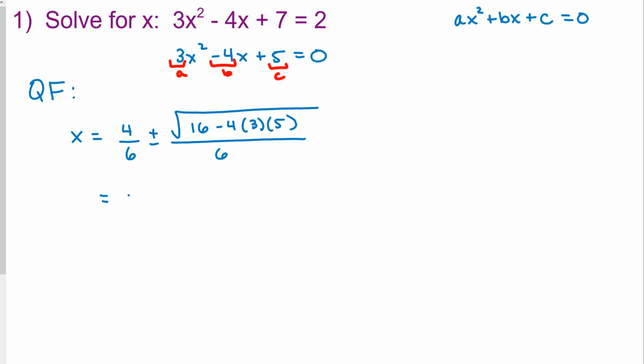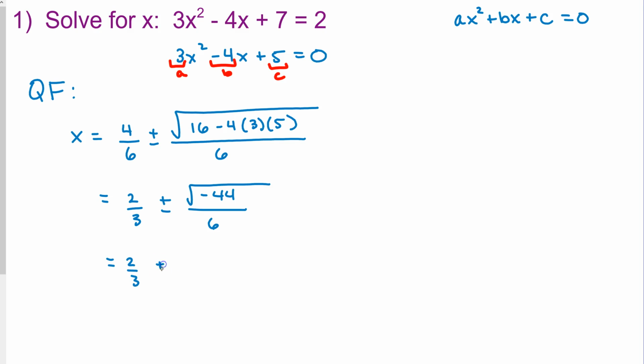Now let's reduce the 4/6, and that's 2/3. Let's simplify the discriminant. So that would be 16 minus 60, I think so. And 16 minus 60 is negative 44. And that's over 6. So now we simplify the radical.